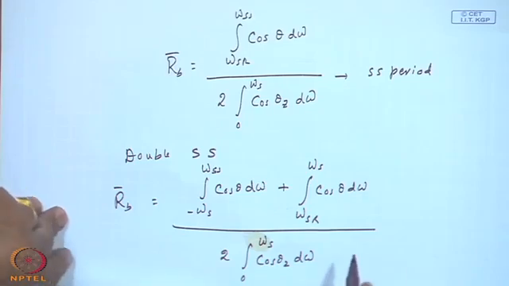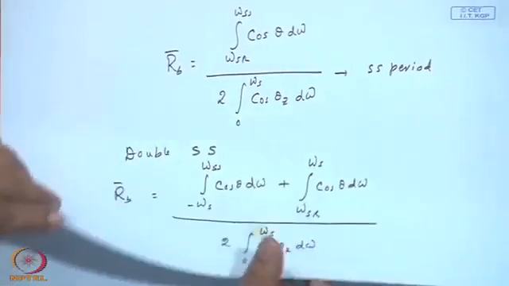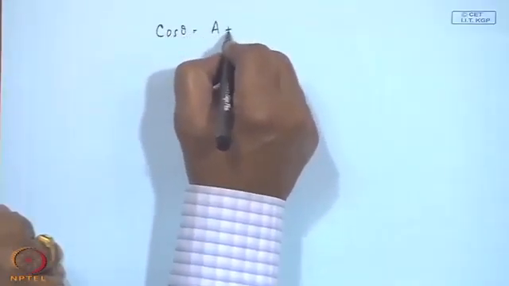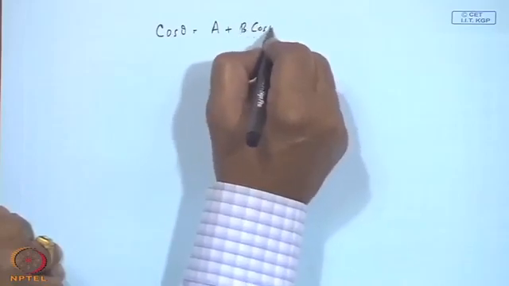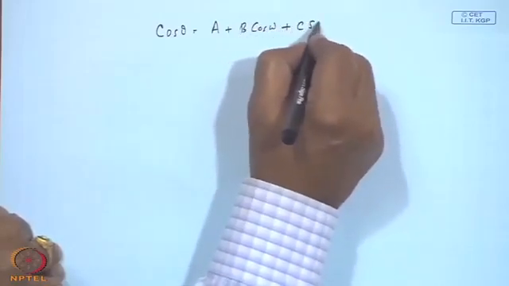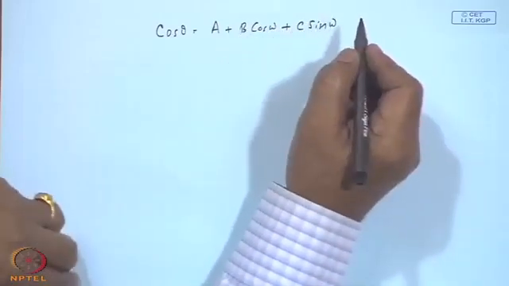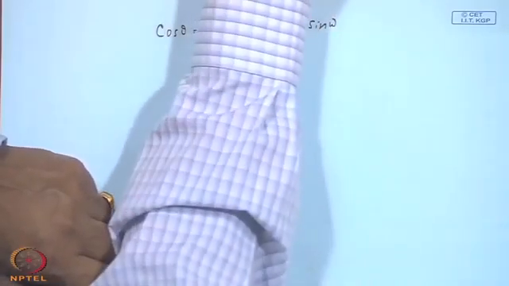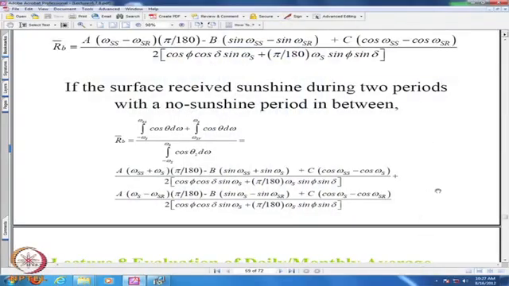It is only a formal integration, it is just your cos theta is nothing but a plus b cos omega plus c sin omega, where a, b, c are independent of omega. So, consequently, at this stage they do not bother us.